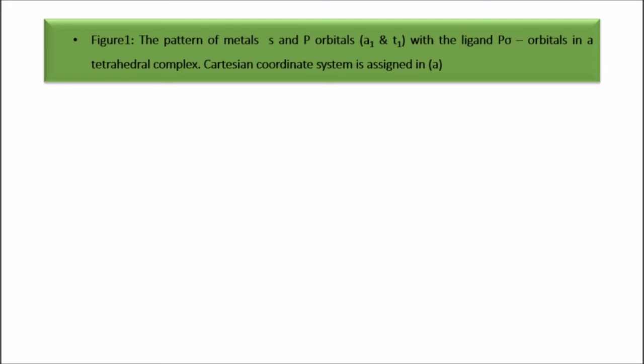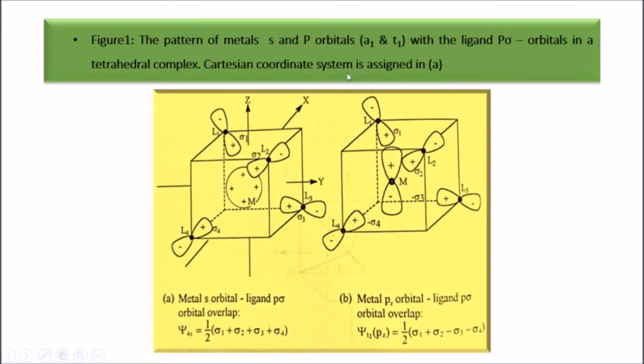Please keep these plus and minus symbols in mind so that you can show the pictorial diagram more effectively. Here figure 1 will represent the pattern of metal 4s and 4p orbitals, that is A1 and T1 symmetry, with the p sigma orbital of the ligand in a tetrahedral complex, and we show the Cartesian coordinate system only for figure 1a. The rest you need to understand yourself, that this way the x, y, and z axes are oriented here as well.